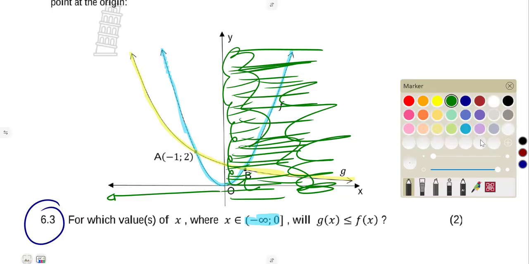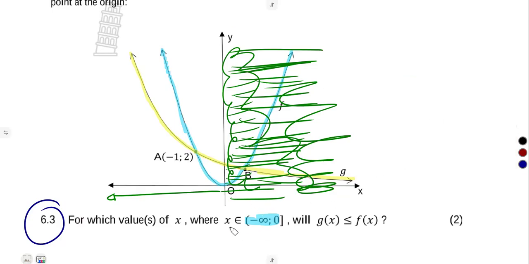The instruction is what is important here: x is to be taken from minus infinity up to 0. So from 0 going to the other side, it is useless. Which will be g of x is less than or equal to f of x. Remember, g is this one, this is our g, and this is our f.